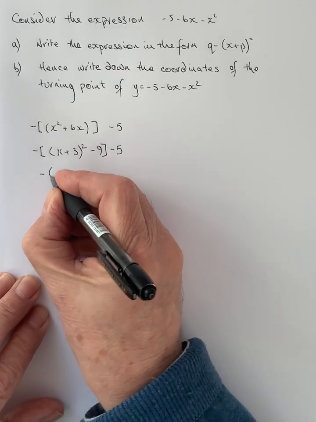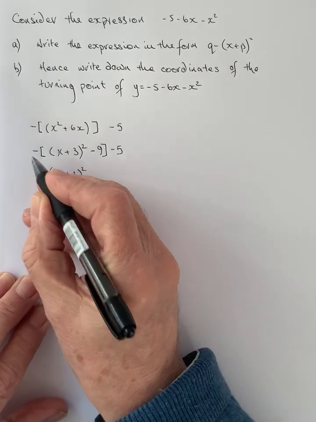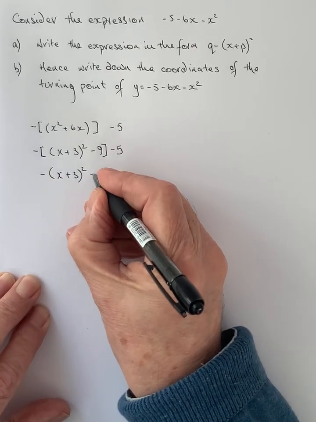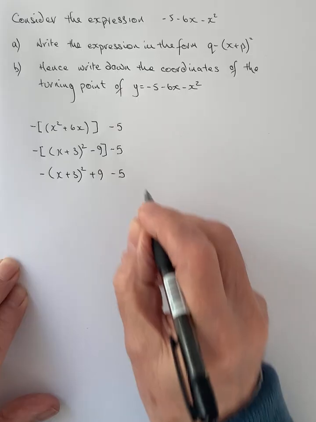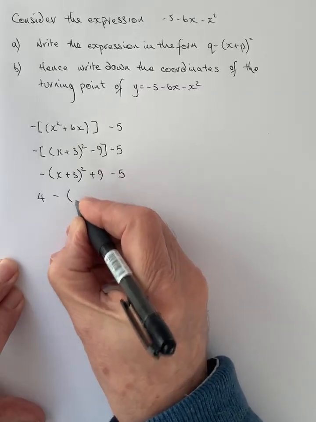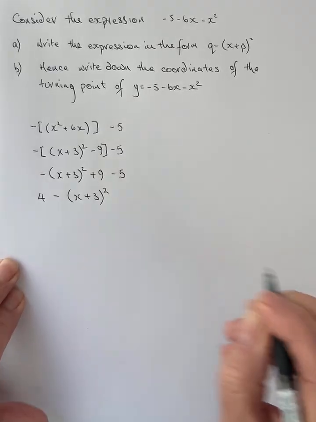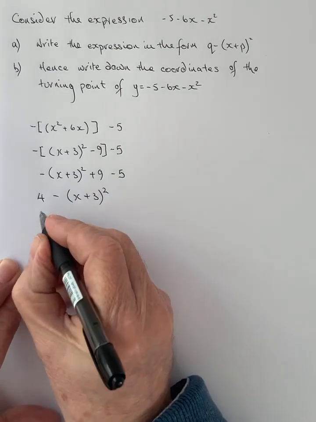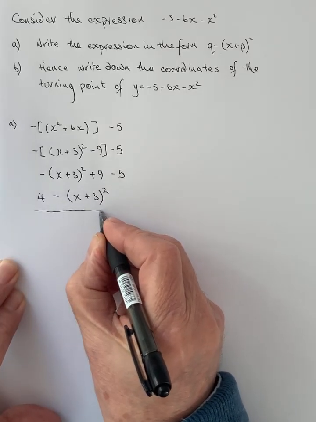We have minus brackets x plus 3 squared. -1, this is effectively -1. -1 times -9 is +9, so it's +9 minus 5, and finally 9 minus 5 is 4 minus x plus 3 squared, and that is in the form q minus x plus p squared. So that is the answer to part A. That's our part A answer.